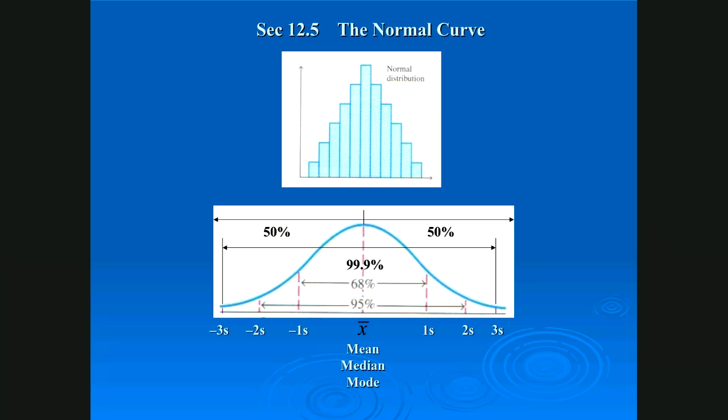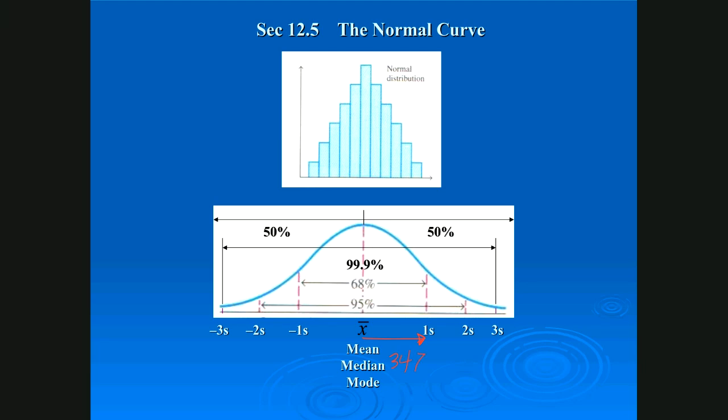Okay, now we don't have to have these memorized, but there's a table. You see, going one standard deviation away from the mean is approximately 34% of our data. And I want to show you a table.